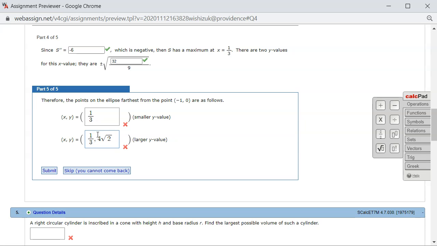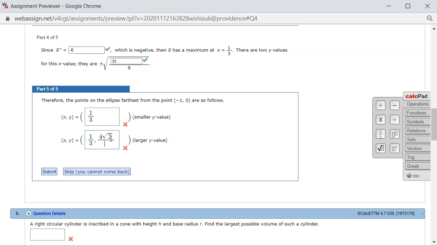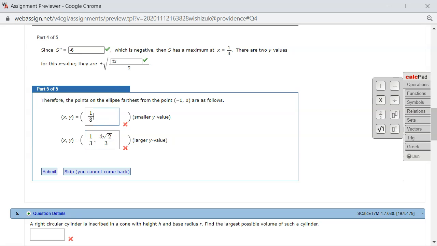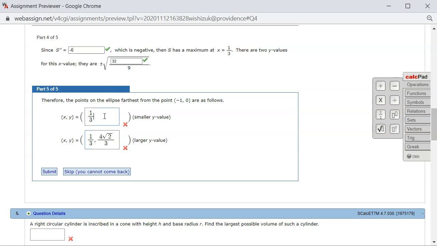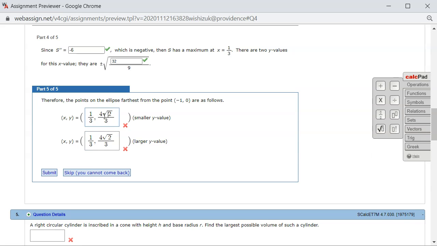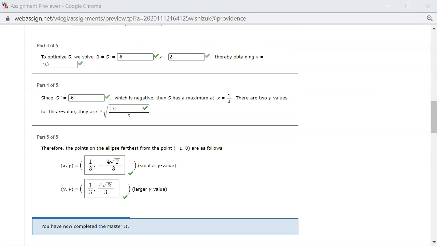Same thing for the other, so maybe I can copy and paste. And the smaller one is going to be the negative one. Let's submit. It came back, and looks like we got the last part correctly.